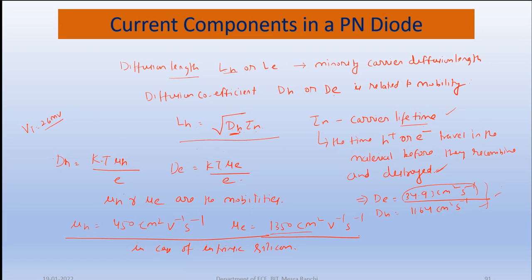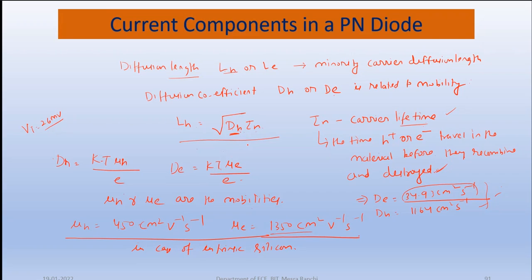DH or DE is called the diffusion coefficient. Destroyed means vanished: after recombination, will it be there to move?